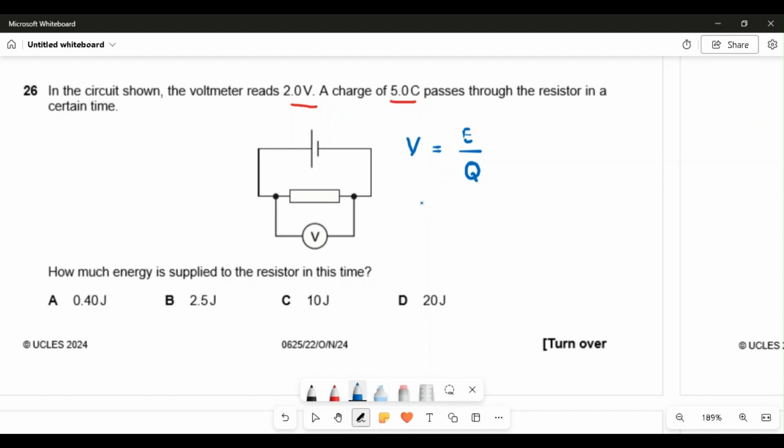So you can simply rearrange it: energy will be equal to the potential difference provided by the battery times the amount of charge. Here we are asked to find the energy, that is the potential difference of 2 volts times 5 coulombs of charge. So the answer will be 10 joules.